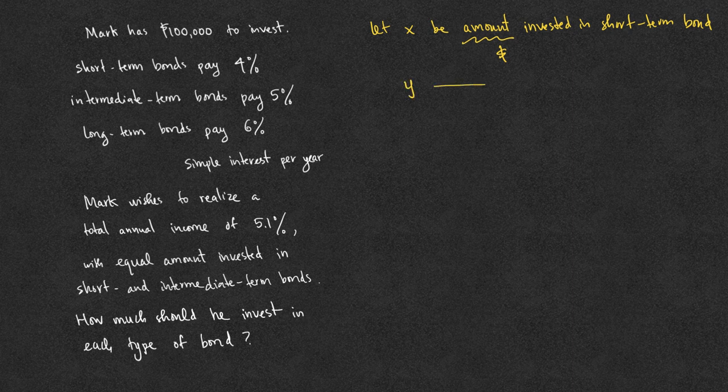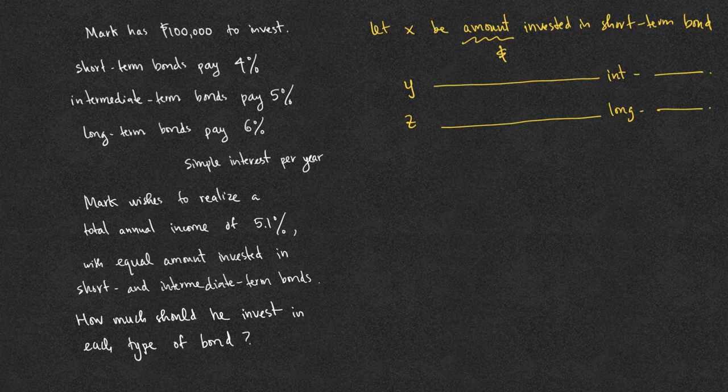Y is the amount invested in the intermediate-term bond, and Z is the amount invested in the long-term bonds. Remember that the short-term bond pays 4%, the intermediate-term bond pays 5%, and the long-term bond pays 6%.